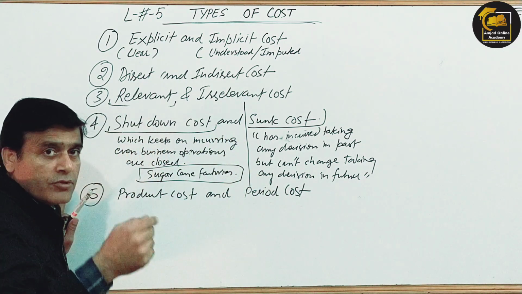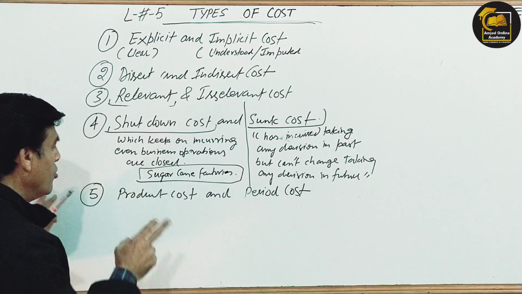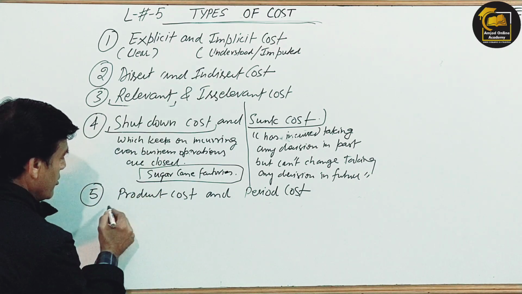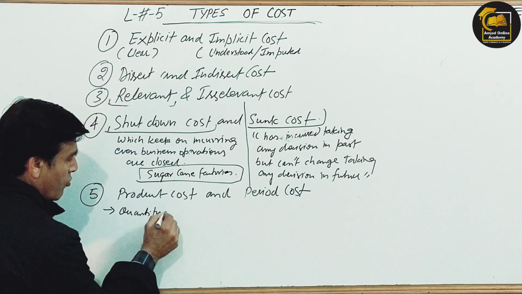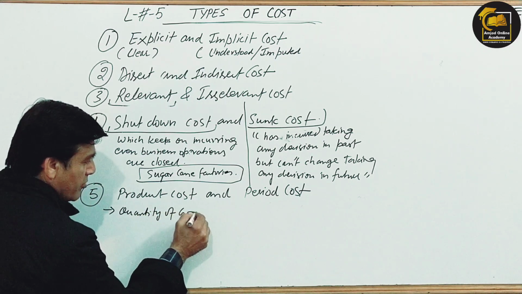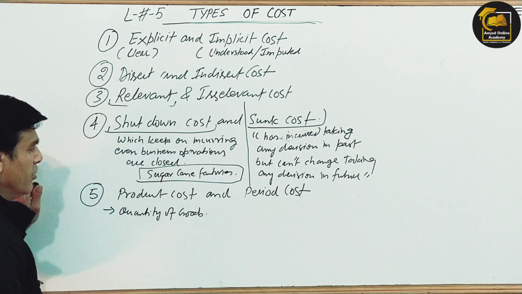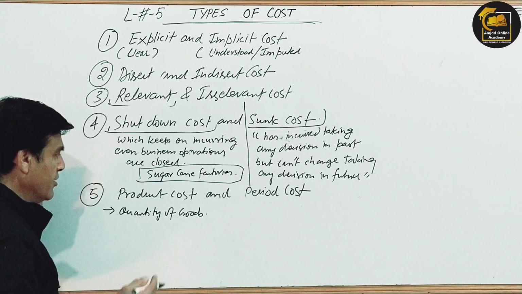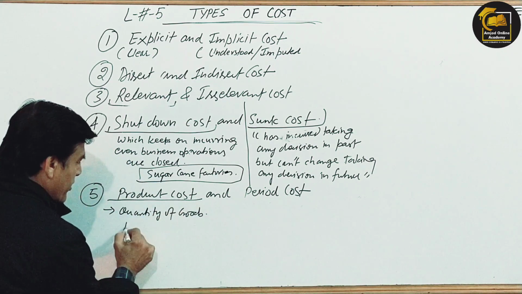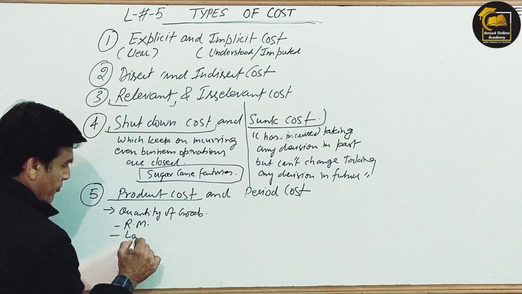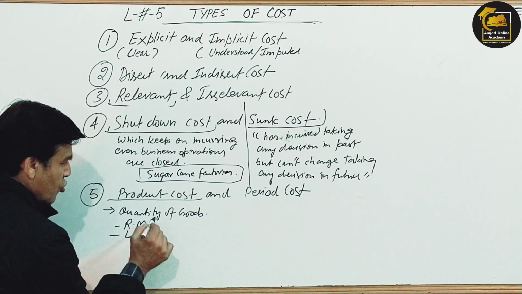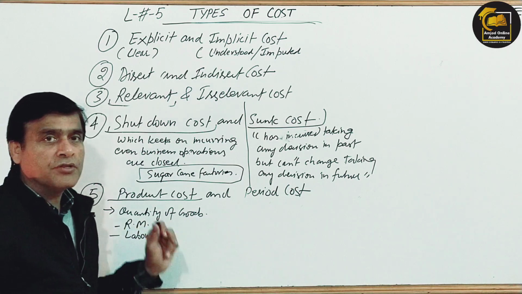Or you can say the time, or the duration, or months. The cost which is incurred according to the quantity of goods, how much you are manufacturing, that is your product cost. For example, raw material, for example, labor, you pay according to the quantity of goods.